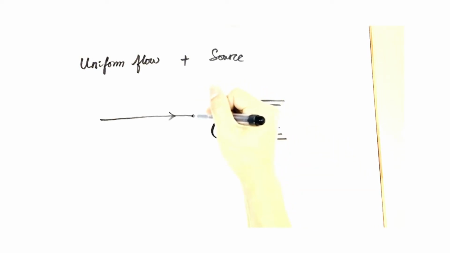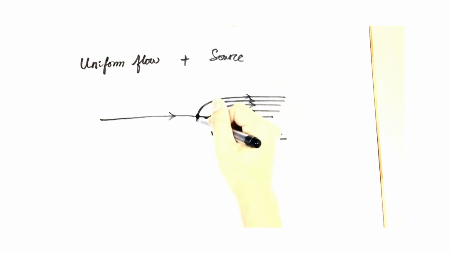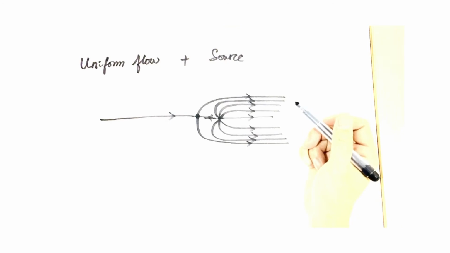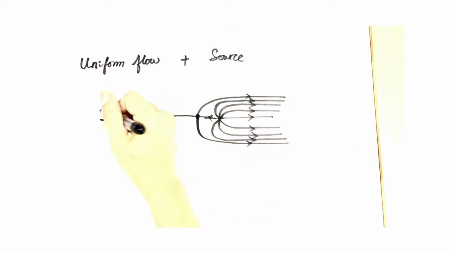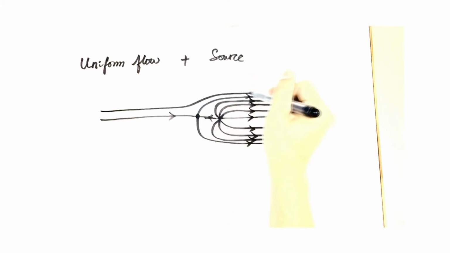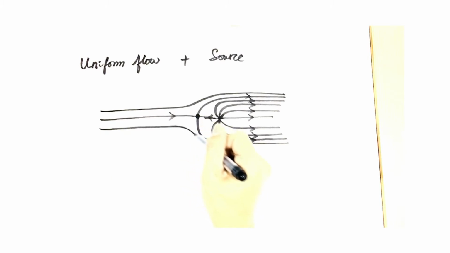There will be a stagnation point here from which the flow diverges vertically and then it goes downstream. The streamlines of the uniform flow will be divided into those that pass the source from the upper side and those that pass from the lower side.